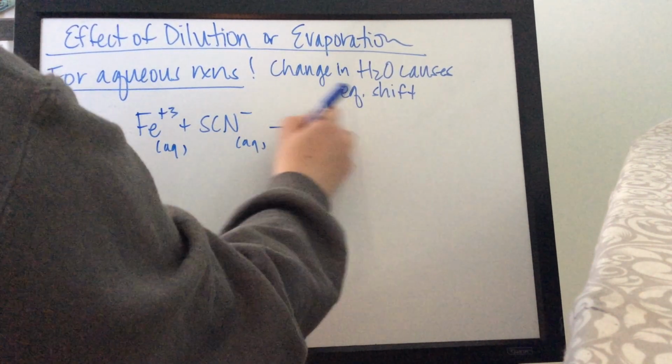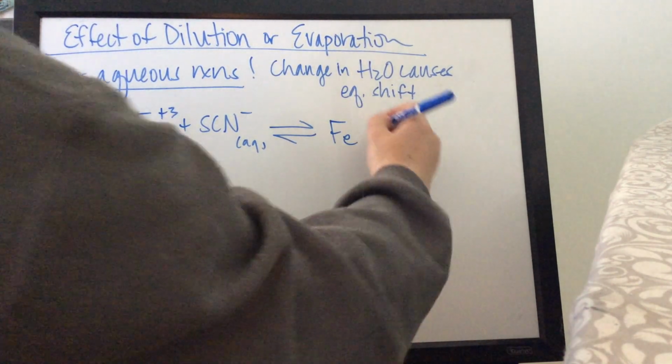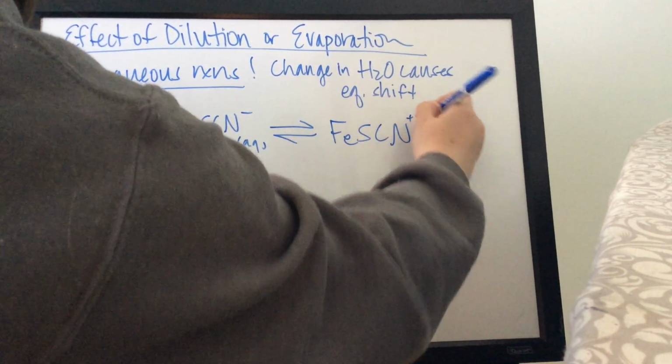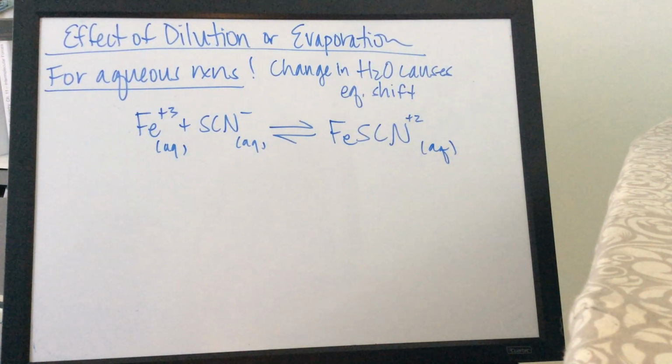And again, this only works for an aqueous reaction, right? If it was a gas reaction, diluting something doesn't make any sense. Okay, so keep that in mind. We're talking an all aqueous reaction. Adding water or evaporating water will cause your equilibrium position to shift because there's essentially water in that reaction, right? Water is like the medium or whatnot.